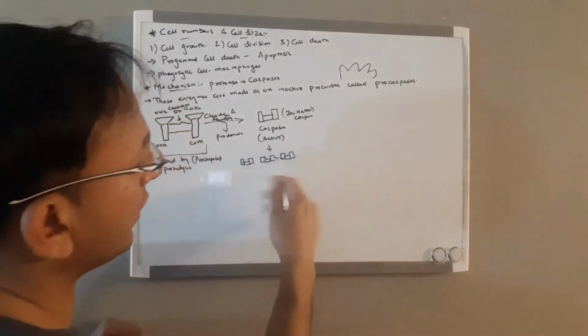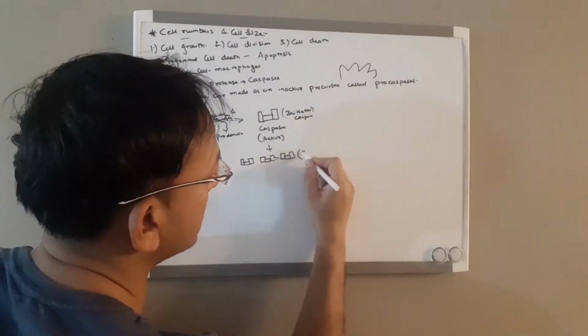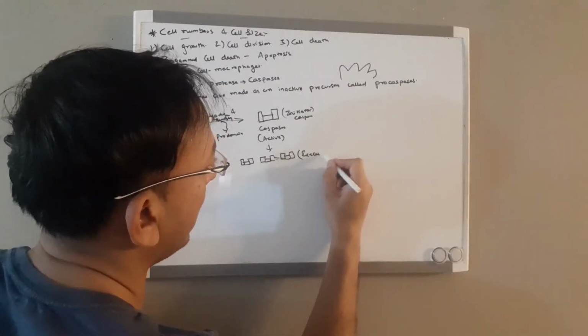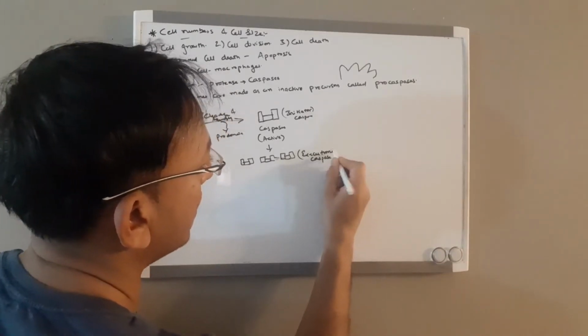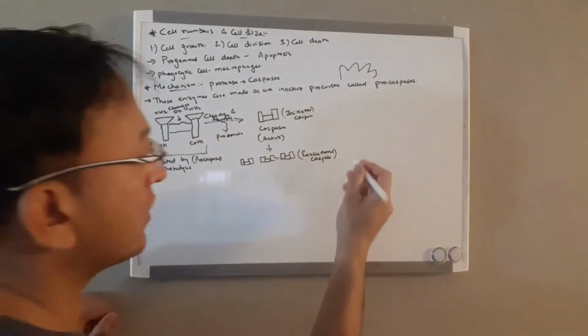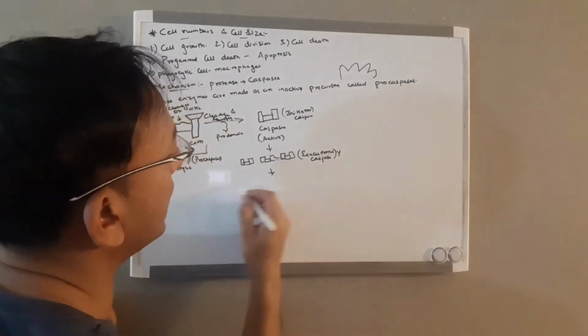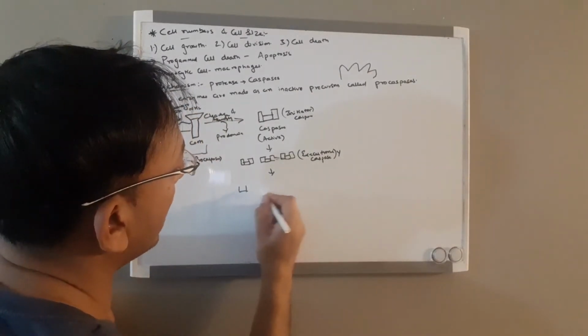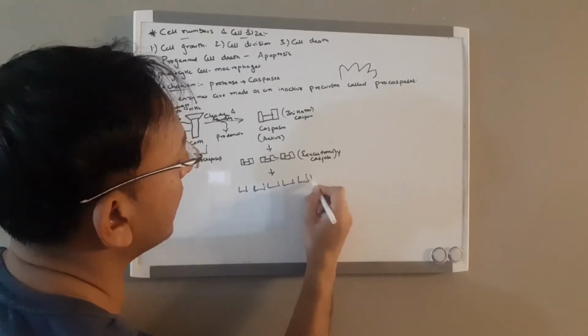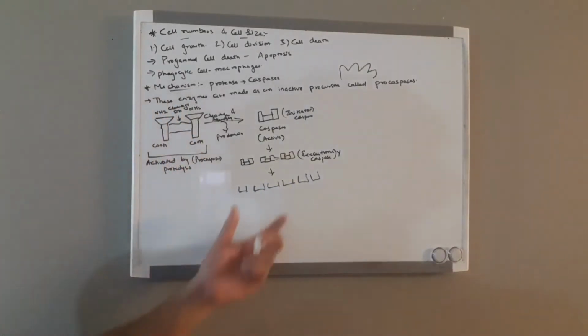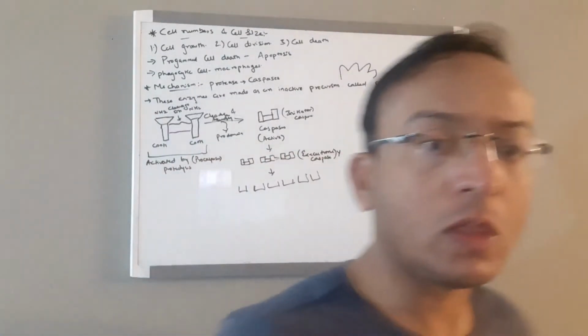They activate more caspases, and these caspases are known as executioner caspases, right? For example, Y, and this will in turn activate more. I will just draw it like this, but this will activate more, and the chain reaction happens, right?